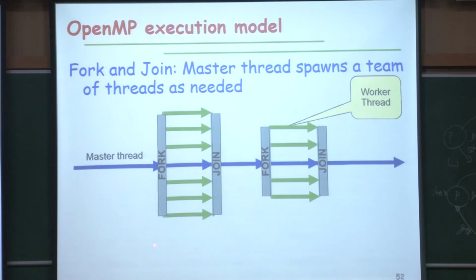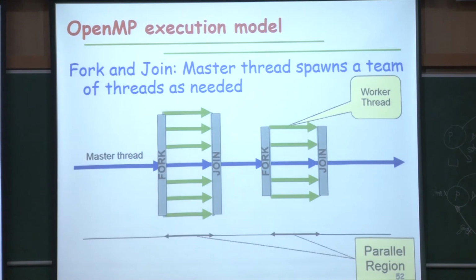If I divide the data and then ask n of my threads to execute, like what we did in the Jacobi example, that is domain decomposition, which I can do using a parallel for statement. So, you can do both data decomposition, domain decomposition, and you can combine both of them in a single program. So, that is the advantage.